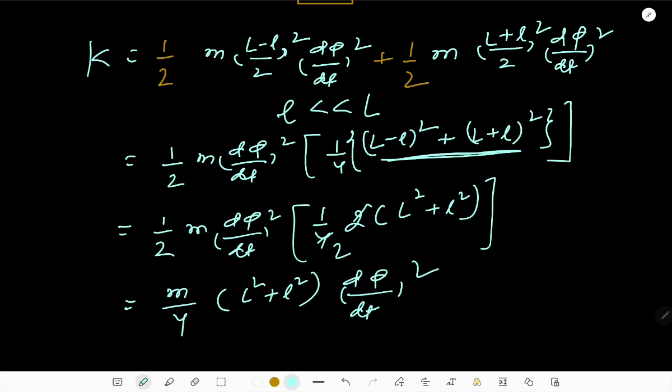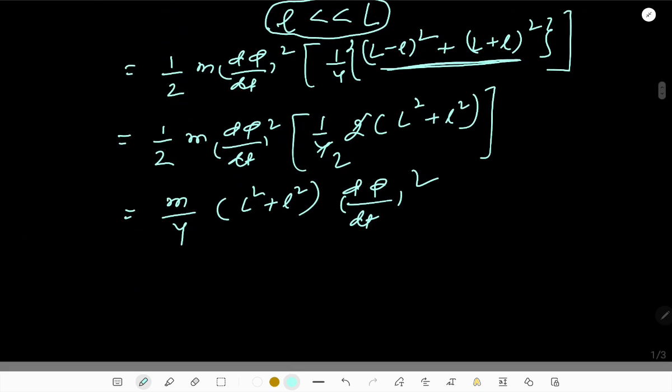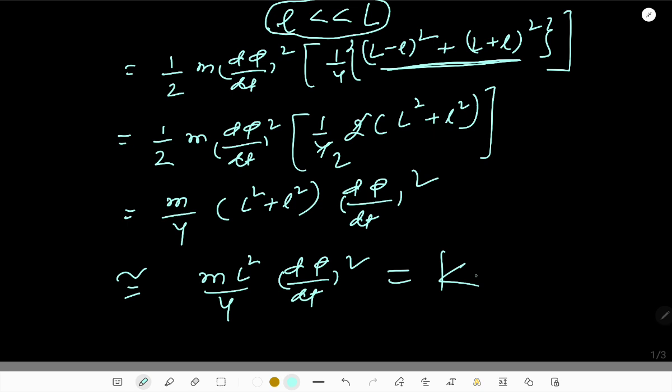And since small l is much less than capital L, its square can be neglected, and we can write the expression as m L square upon 4 d phi by dt square. And this is the kinetic energy of the balls in pure rotation, spheres.